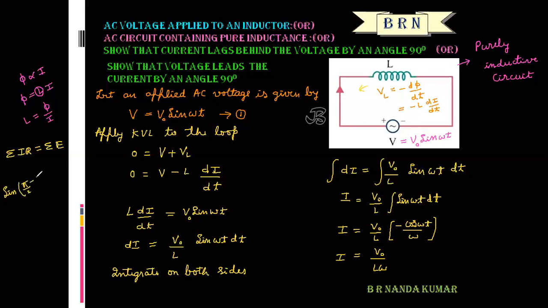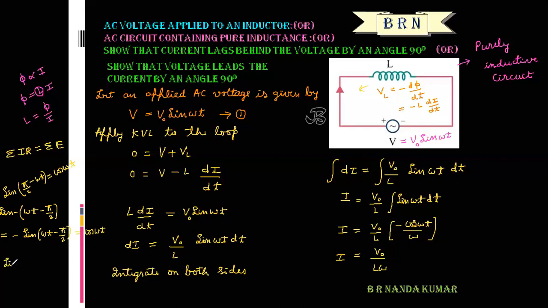Sine of pi by 2 minus omega t is cos omega t, right? So minus is taken outside: minus sine of omega t minus pi by 2, since sine of minus theta is minus sine theta. This is equal to cos omega t.